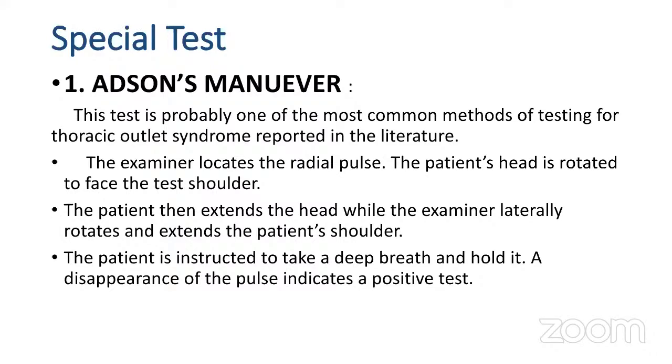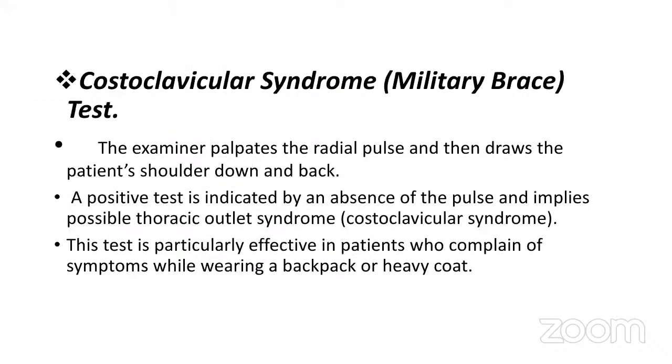If I am checking the right side, then the patient's head is rotated towards the right side. Then the patient extends the head while the examiner will laterally rotate and extend the patient's shoulder. The patient is instructed to take a deep breath and hold it. A disappearance of the pulse indicates a positive test. You can see in the figure here.